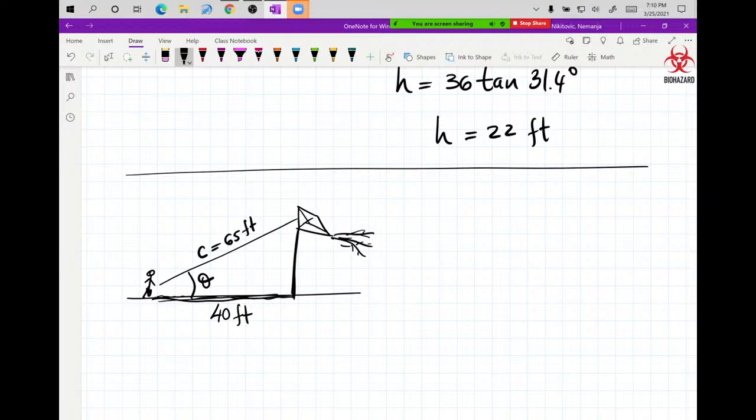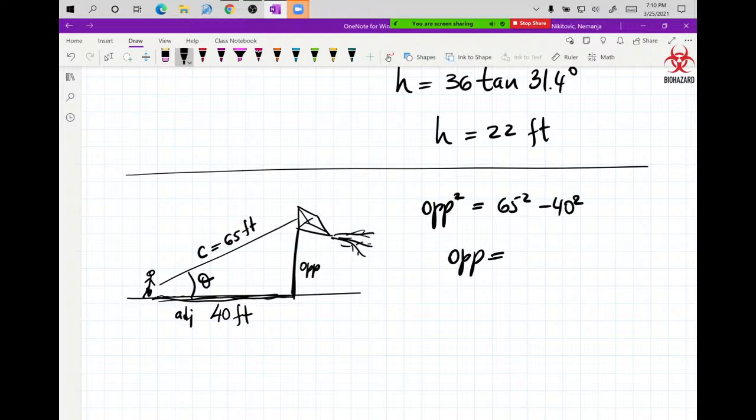So now, if I call that my adjacent, right, and this is the opposite, I can figure out that the opposite squared is going to be 65 squared minus 40 squared. And I can find the length of the opposite side. You can call them A, B, C if you want to, but whatever.